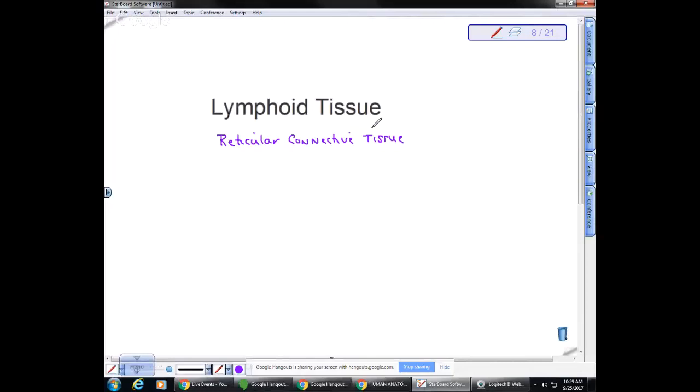We talked about collagen and elastin, but there are also reticular fibers, and this forms a network, okay, of reticular fibers. And in these reticular fibers, we have lymphocytes.